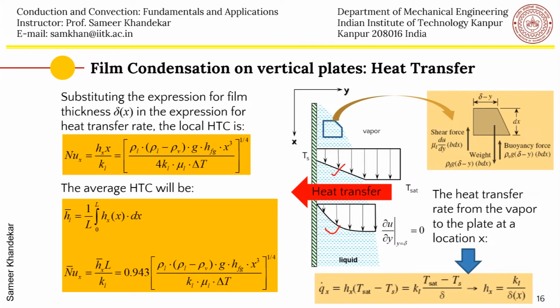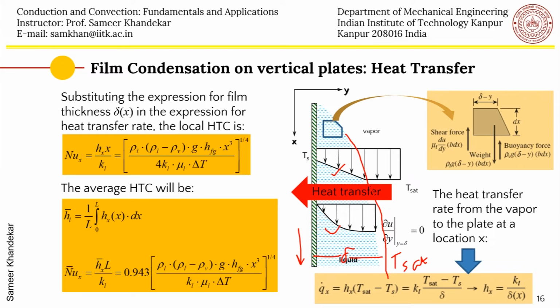From here we can now define the Nusselt number, which, as you know, is hD by k, and this is the local Nusselt number along the plate. Substituting the expression for the film thickness in the expression for heat transfer rate, we can get the Nusselt number. Please note the form of the Nusselt number.